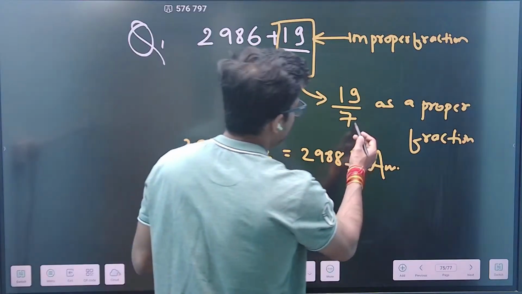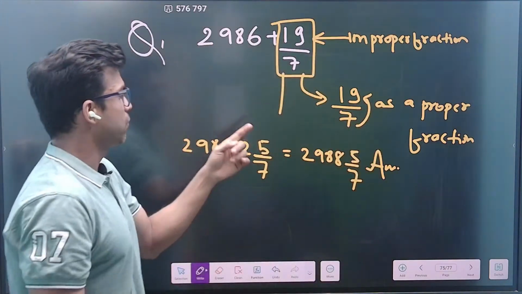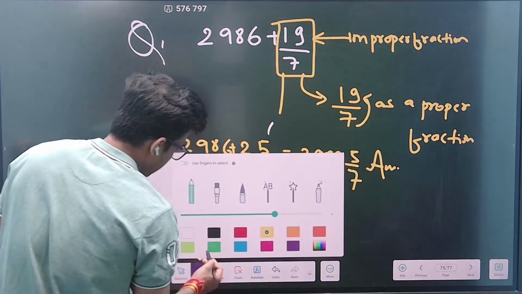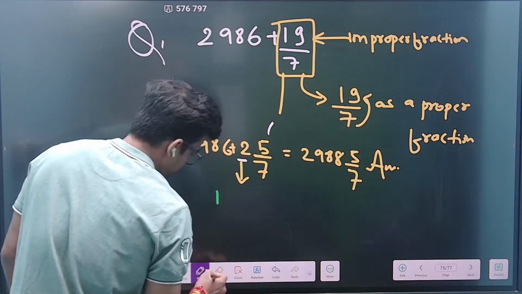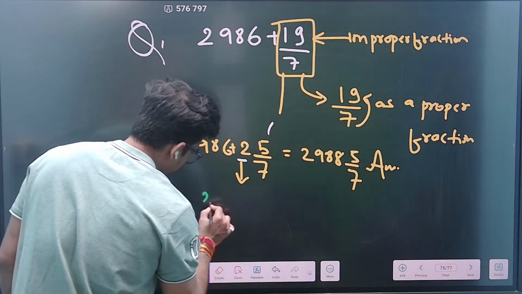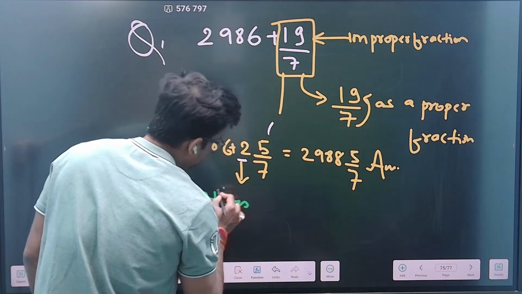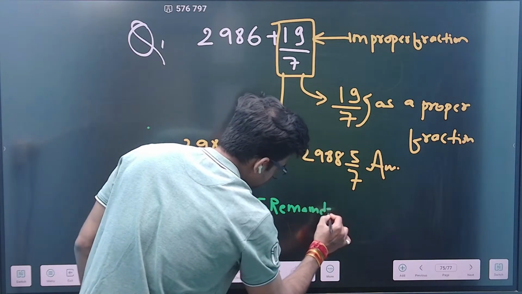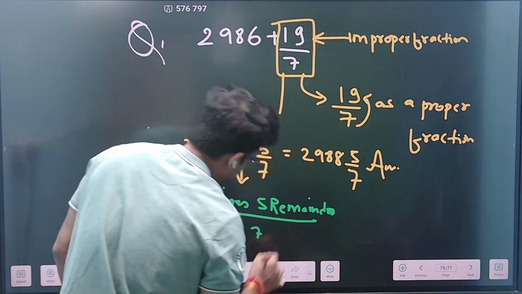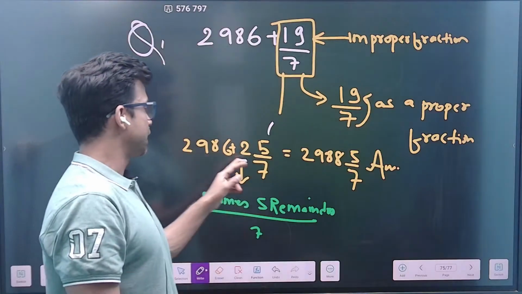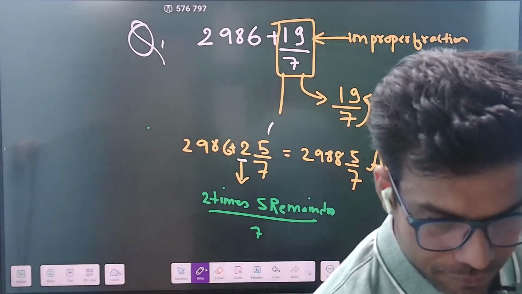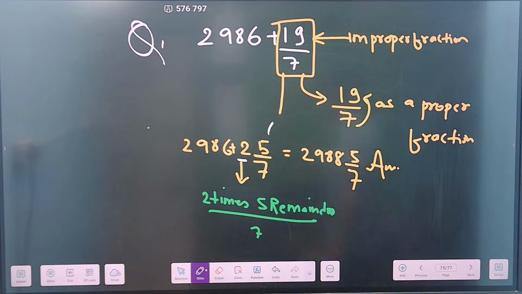I divided 19 by 7. 7 2s are 14, so 2 times, and 5 is the remainder, divided by 7. So that's the structure. Now 2986 plus 2 is 2988 and 5 by 7. I hope this is clear. Please confirm. Till now this makes sense to everyone, correct?